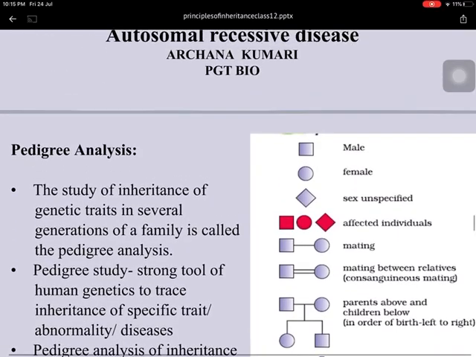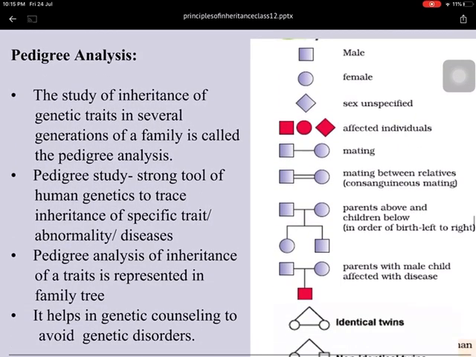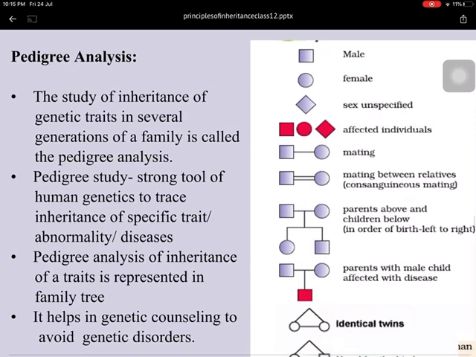So this is very important to understand, and there are some symbols used to show pedigree analysis. For male we use a square shaped structure, for female a circle, and all of you know about that. A diamond-like structure is for sex unspecified.